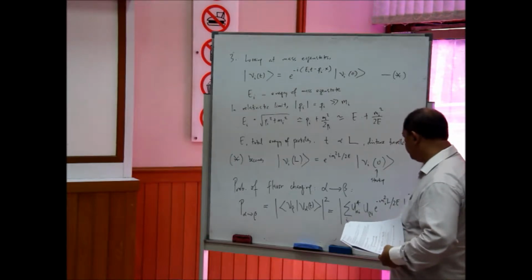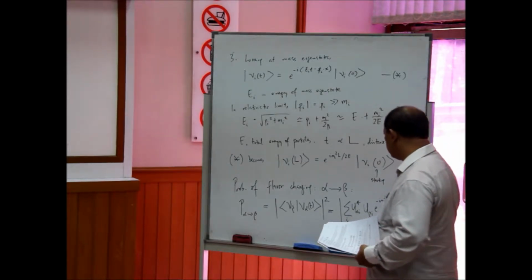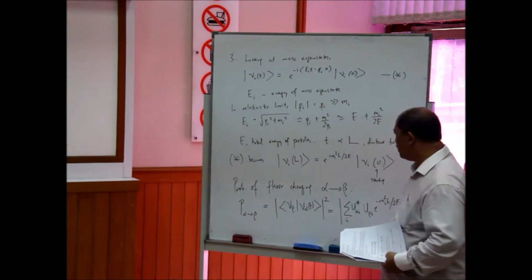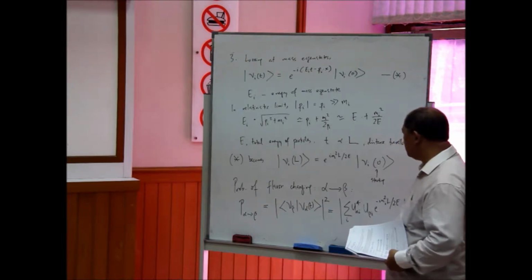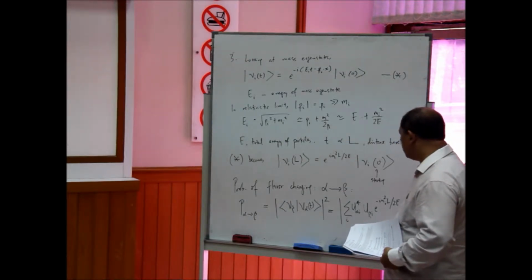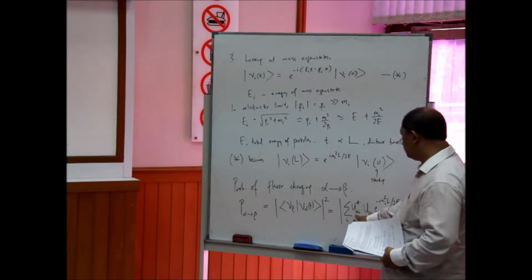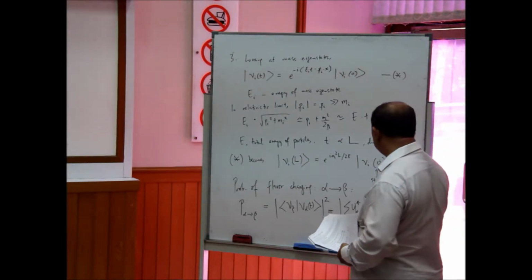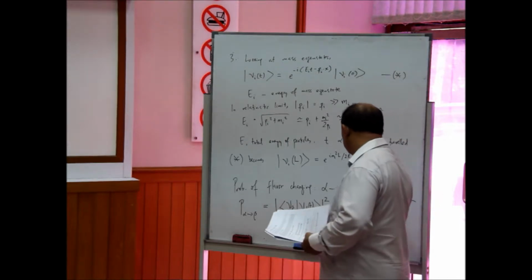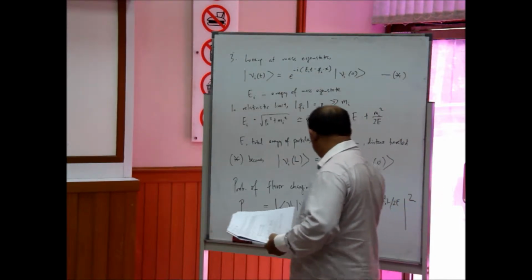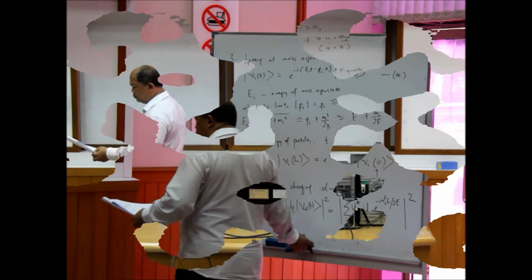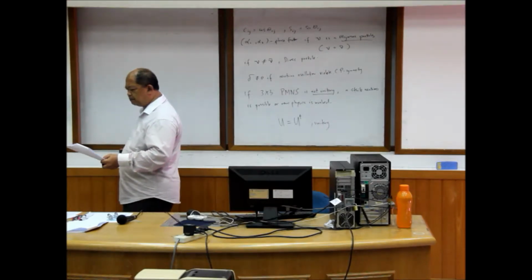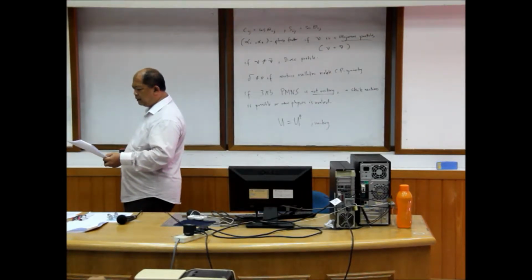Okay. And where does the transformation calculated by this amplitude of alpha and beta? Okay, so you explain alpha and beta, apa ni?